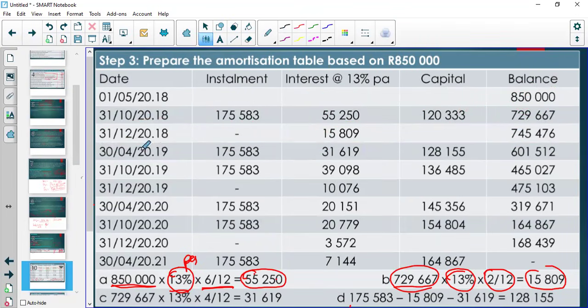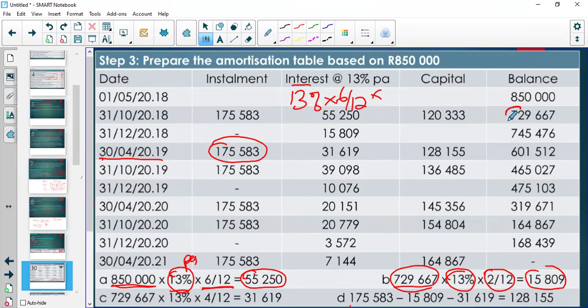Now, when they pay on 30 April, they're going to pay 175,583. But the interest for that 6-month period is 13% for 6 months, based on the balance at the beginning of that period.